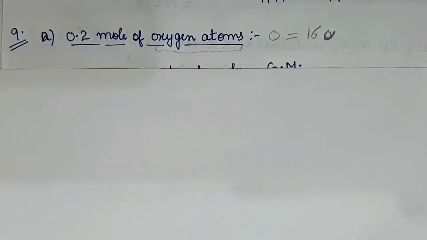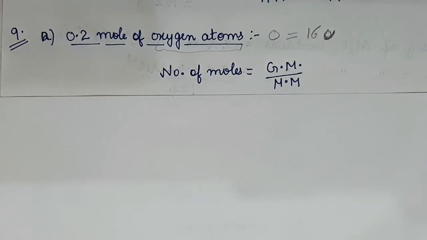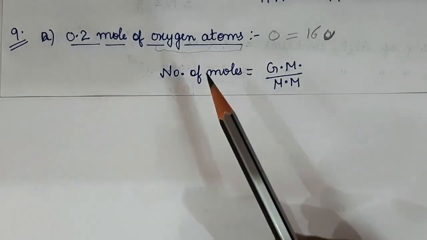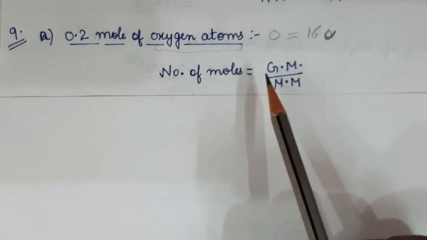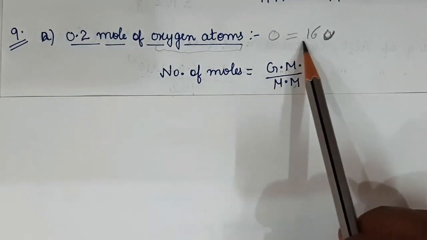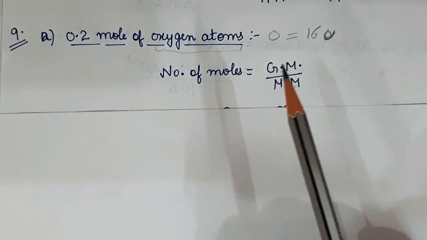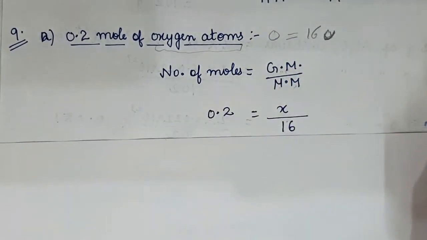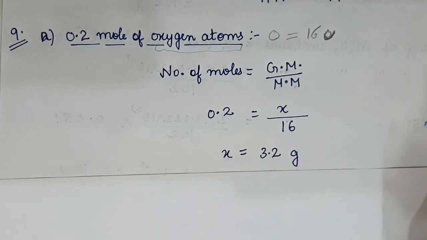Okay? So number of moles is equal to given mass upon molar mass. Number of moles you know, 0.2. Given mass you need to calculate, put it as x. Molar mass you know, 16. So 0.2 is equal to x by 16. So x is equal to 0.2 into 16, that will be 3.2 grams.